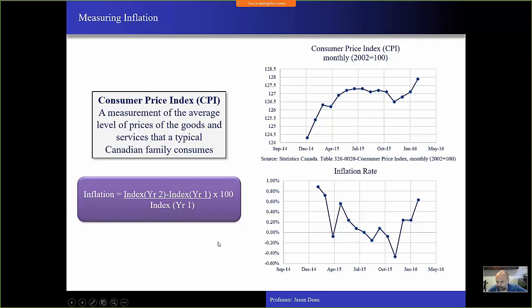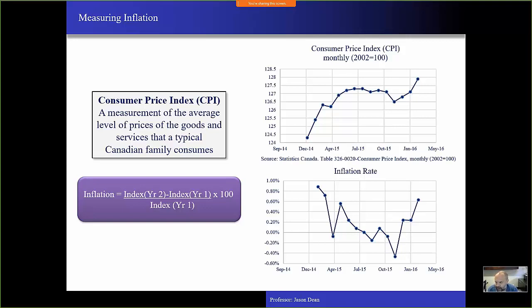If you just think of a simple example like the price of a can of Coke, no, let's do gasoline. So the price of gasoline was $1.20 today. It's $1.30 tomorrow. In terms of a percent, how much did the price of gas increase? Well, what we want to do is take the difference. So we take 130 minus 120. So we take that difference and then we divide it by the original number 120.